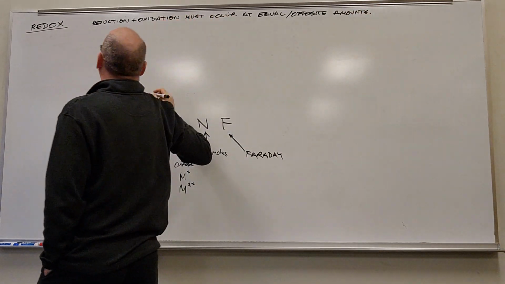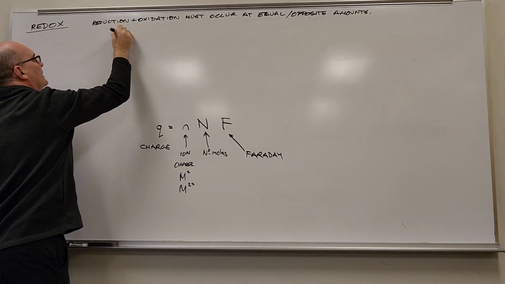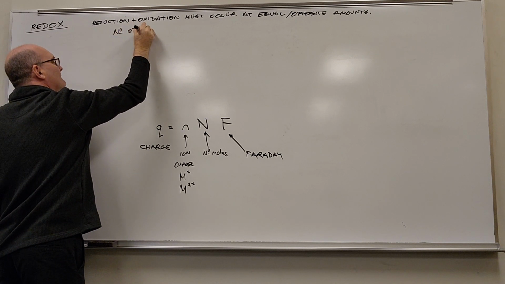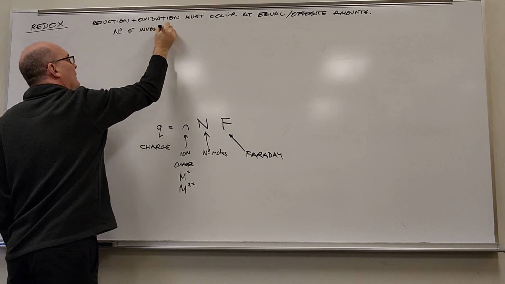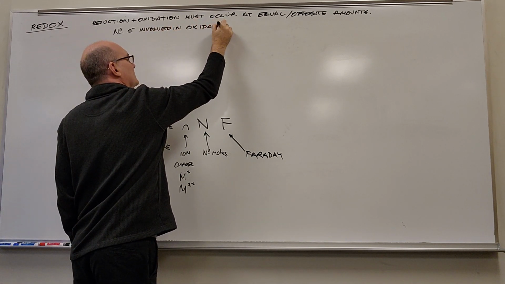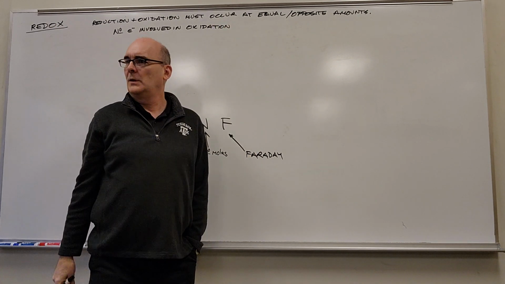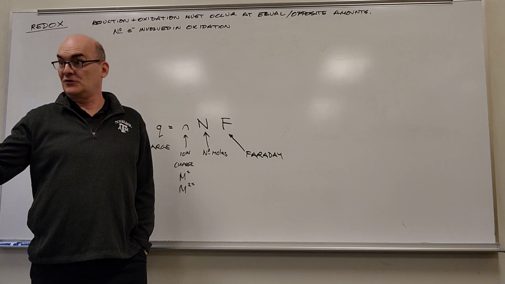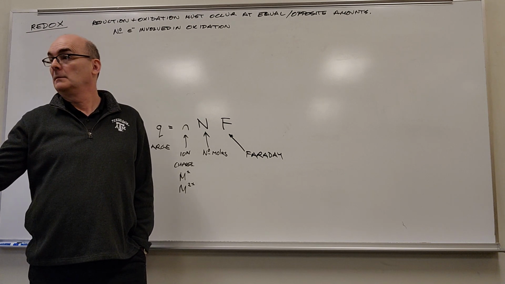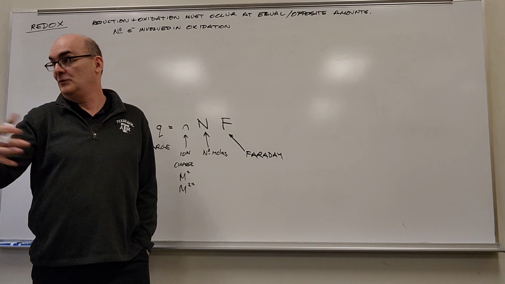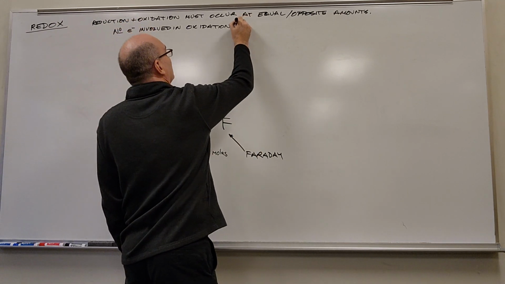Meaning, the number of electrons involved in an oxidation, right? That means they're lost. Where do they go? They have to go somewhere. They go somewhere and they reduce the other thing.